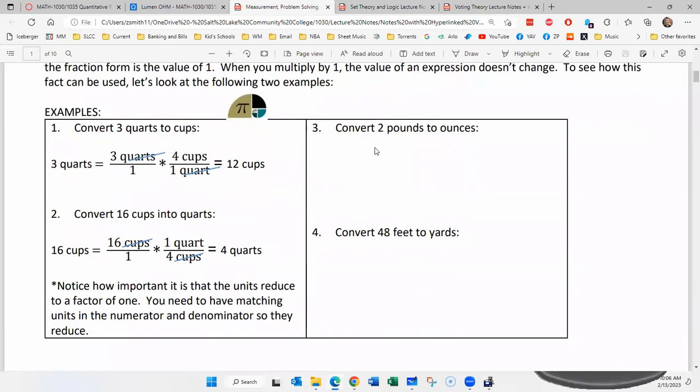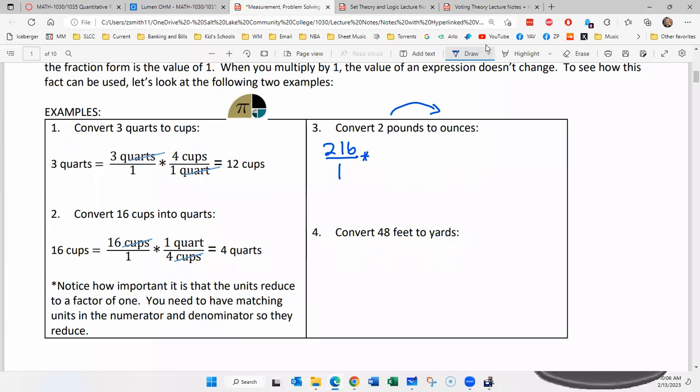But essentially, when we are converting, you're trying to convert from one thing to another. I always take the thing that I'm trying to convert, like 2 pounds, and put it over 1, and then multiply by a conversion factor.